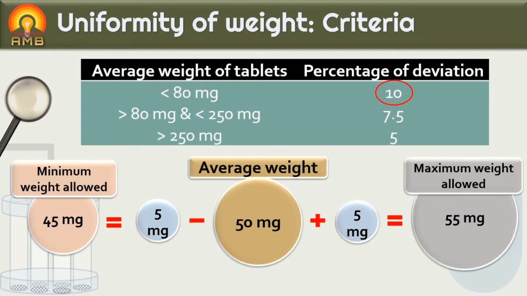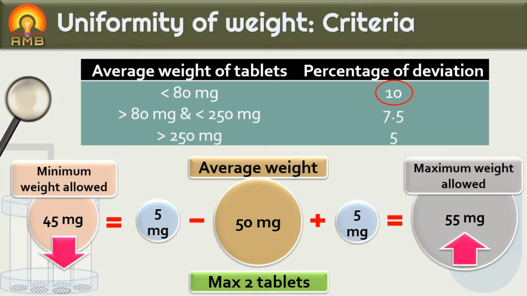The weight of tablets should be between 45 mg and 55 mg. Tablets pass the test if all the tablets have weight between the minimum allowed and maximum allowed weight, and if not so, a maximum of 2 tablets have weight less than 45 mg and or weight more than 55 mg.